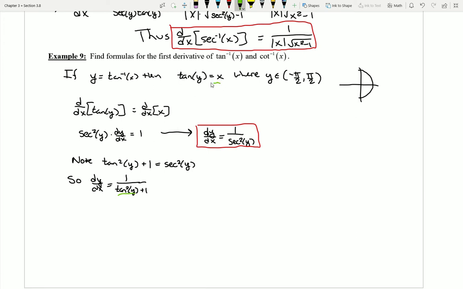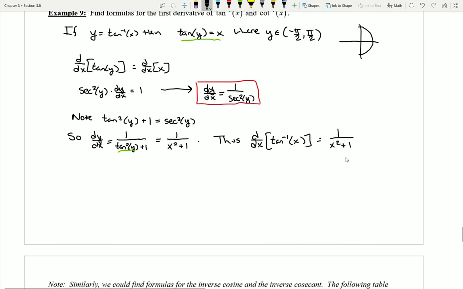But you may have noticed that's pretty easy because we already said that the tangent of y is equal to x. So since I have tangent y squared, I'm going to have x squared, and I end up with this. So I end up with that the derivative of my inverse tangent function is actually just going to be 1 over x squared plus 1. Or, of course, you could rewrite the denominator in the other order and write 1 plus x squared.